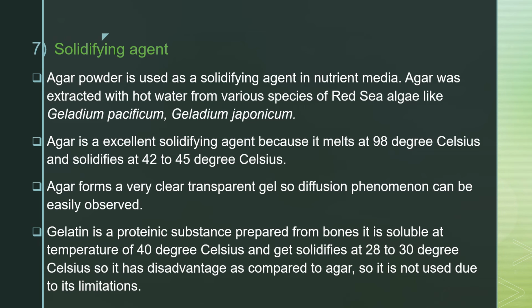Now gelatin is another solidifying agent. Gelatin is a proteinic substance prepared from bones. It is soluble at a temperature of 40 degrees Celsius and solidifies at 28 to 30 degrees Celsius. So it has a disadvantage as compared to agar, and it is not used due to its limitations.